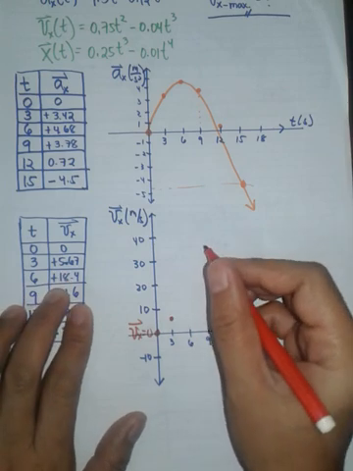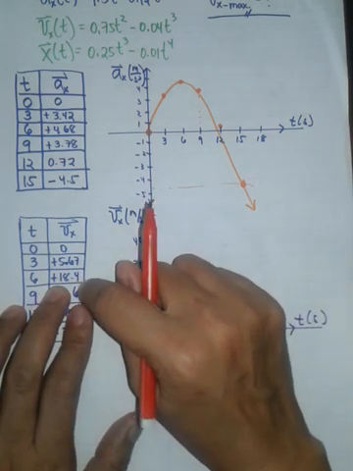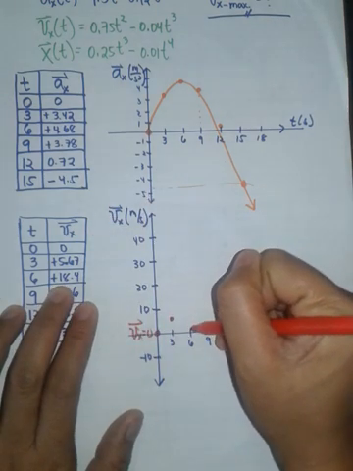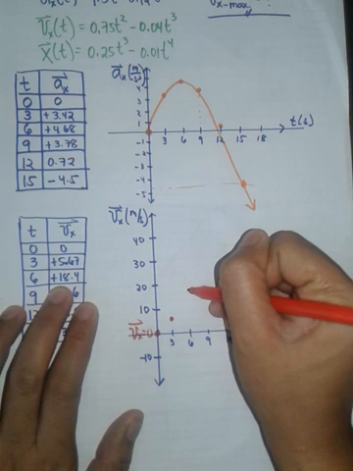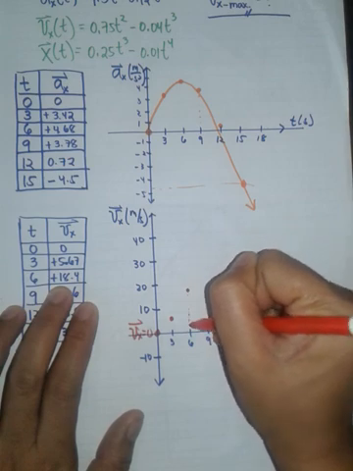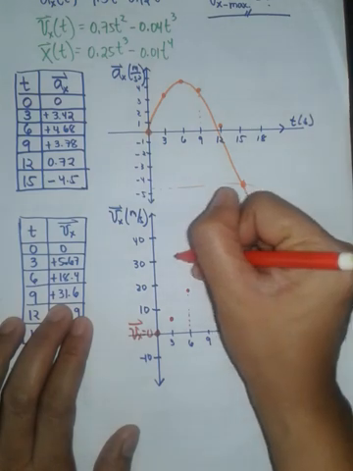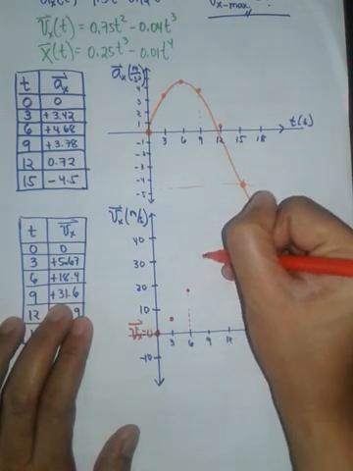When time is 6, it suddenly increases: it's already 18.4 meters per second, somewhere here. When time is 9, it still accelerates, positive 31, somewhere here.